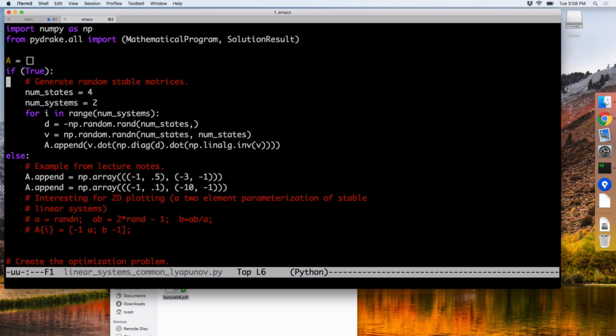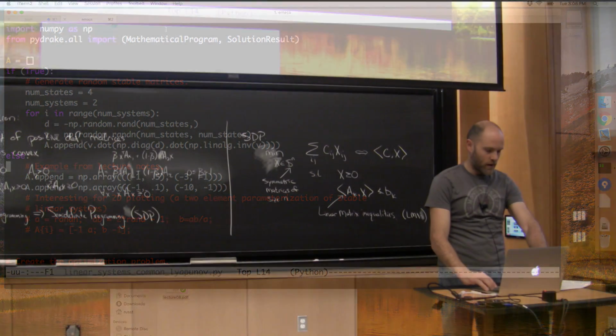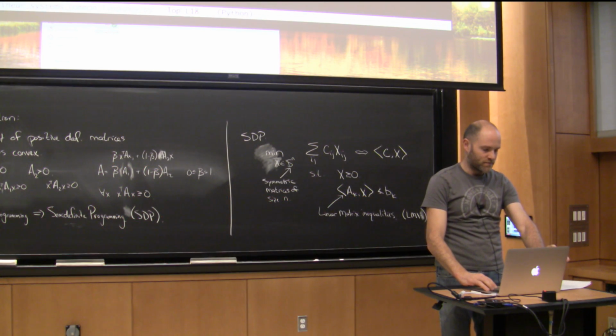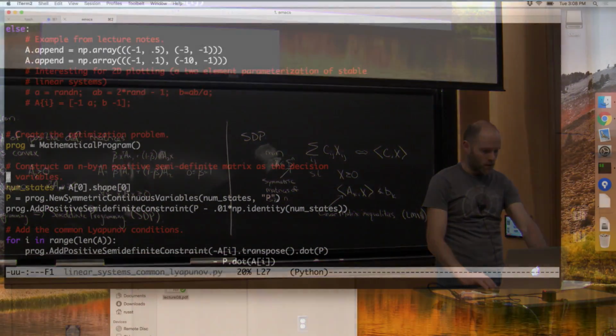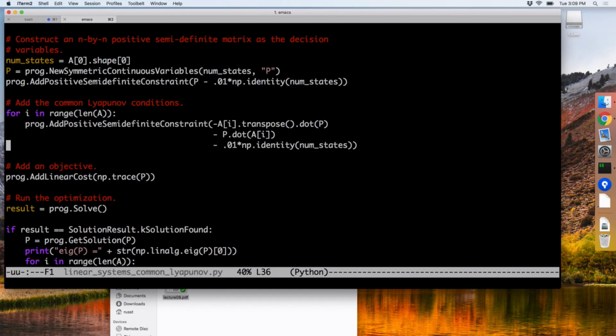There are a handful of ways to do that. The simplest way is to pick negative eigenvalues and then some unitary matrices, and multiply them together. That just generates a handful of stable A_i. The else case is something I decided not to include. But okay, here's the whole program.